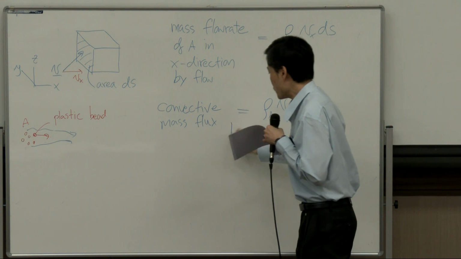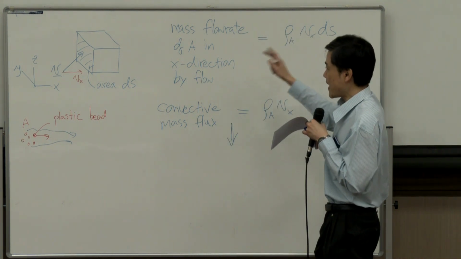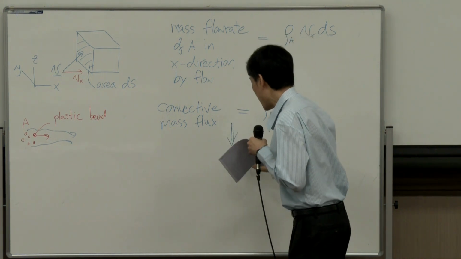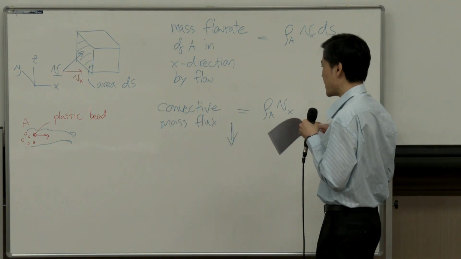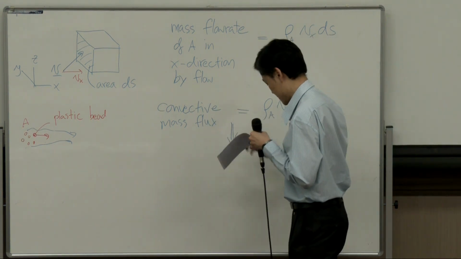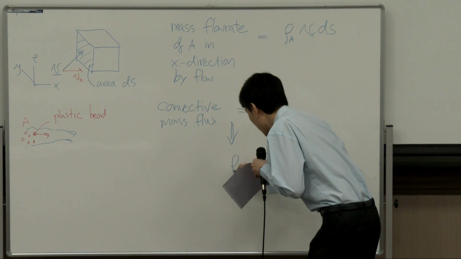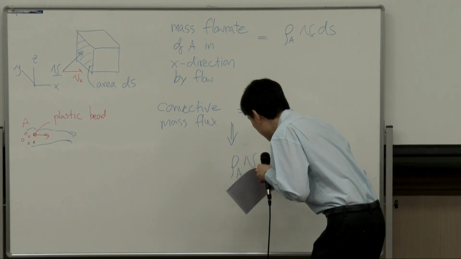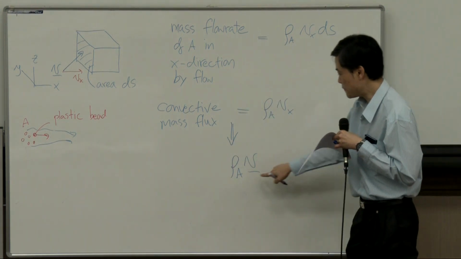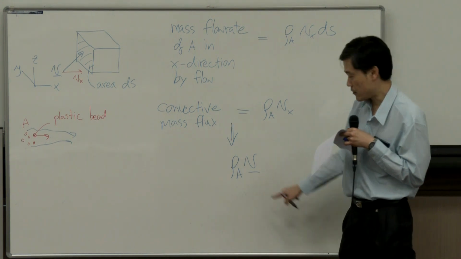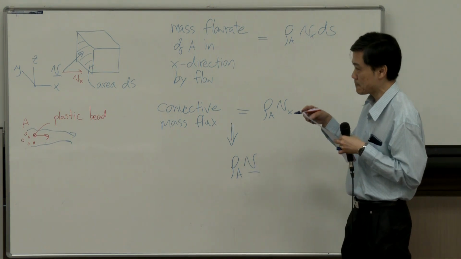Okay? So if you repeat the process for x, y, z direction, you will end up with combined convective mass transfer flux to be rho A times V. This is a vector. Now flux will become a vector.